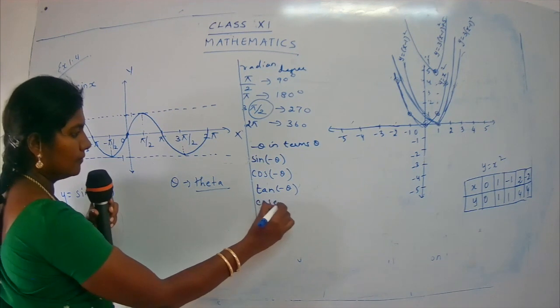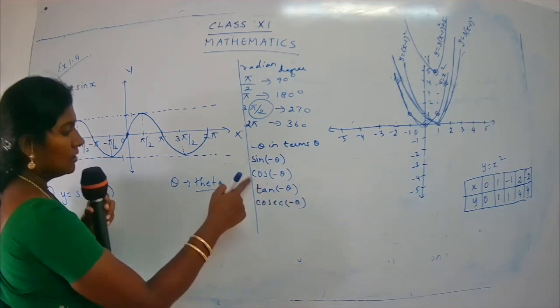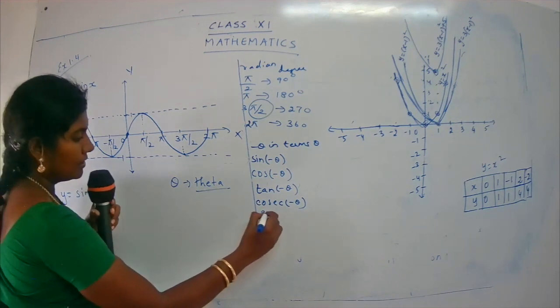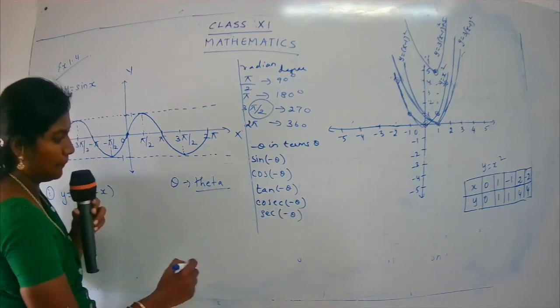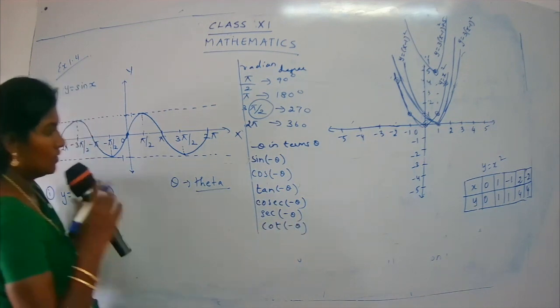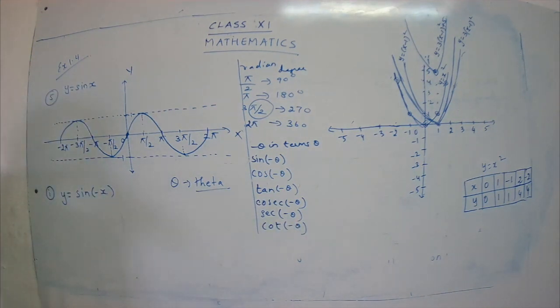Now let's go for the reciprocals of these. Reciprocal of sine is cosec minus theta, cos minus theta is sec minus theta, and tan minus theta is cot minus theta. So remember these 6 different trigonometric functions. So we have minus theta with them, and we are going to change minus theta in terms of theta.